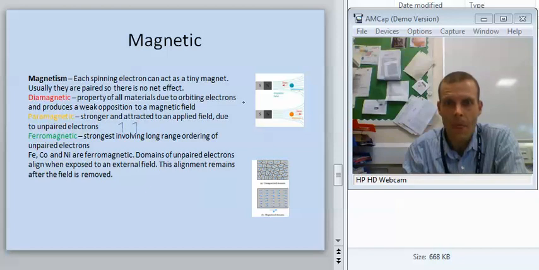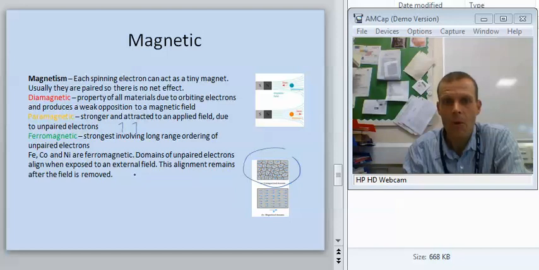There are devices that you'll maybe see in your textbook where it's almost as if you're weighing them: you put them in a magnetic field and you see which way they move to decide whether they're diamagnetic or paramagnetic. The strongest one though, ferromagnetism, is where we end up with long-range ordering of unpaired electrons. So if you start off with a lump of iron, you've got lots of, you can see this, electron domains all pointing in different directions.